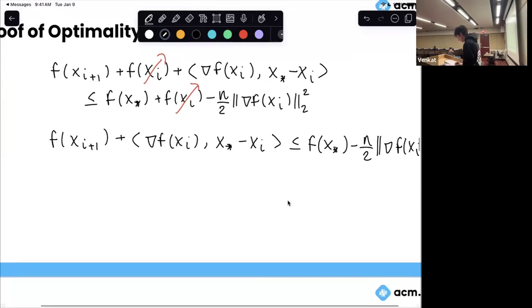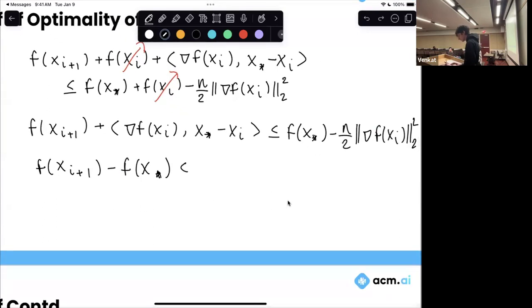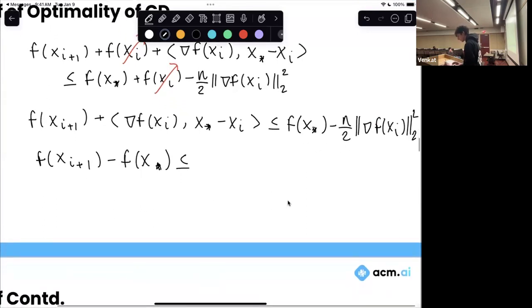Before I do that, I will actually rewrite this. I'm going to move over these 2 terms to be on the same side. And so then we're going to have this.